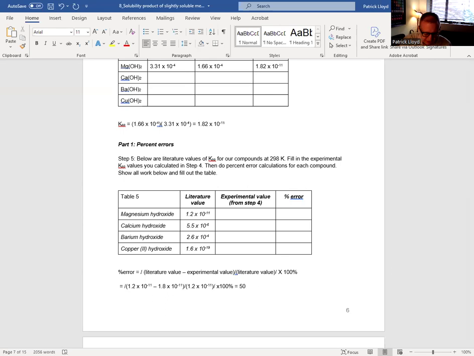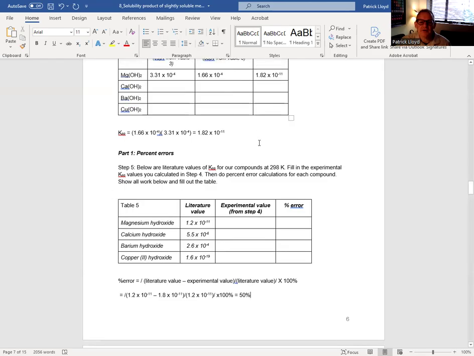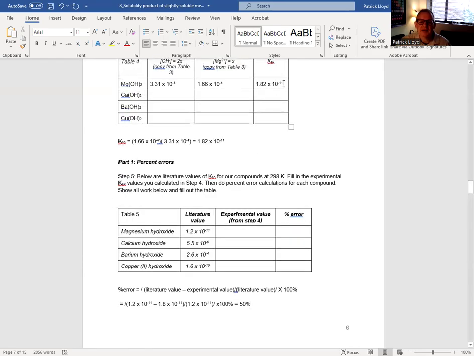We get 50%. That's what it comes out to. Okay, so experimental value was this one right here. And actually it's 1.82, so we could put that 2 in there. And that's going to change it.